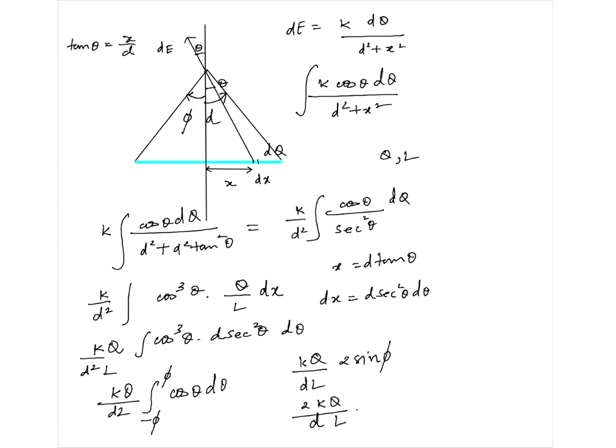Sin phi is L by 2 divided by L by 2 square plus d square, whole under the root. Isn't it? Any questions? If you have, then let me know.